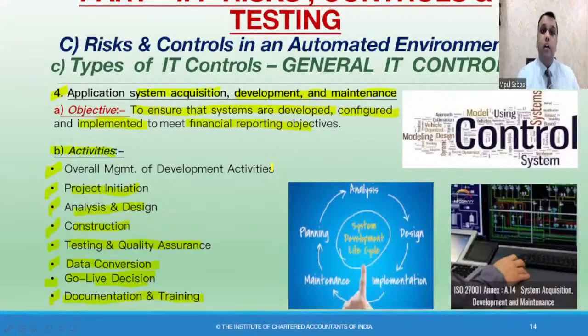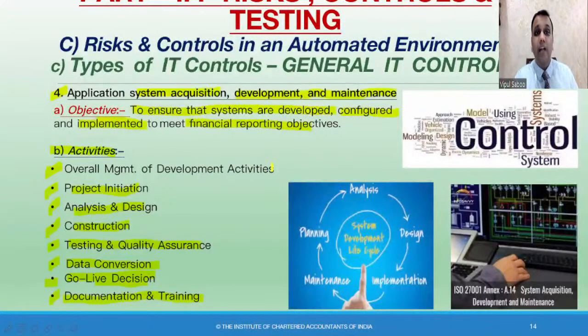We are acquiring it from an outside vendor, or we are making them customize some system, some website, any kind of program for us. So what kind of objectives and activities are required in the acquisition and development of that application, and how do you maintain that?